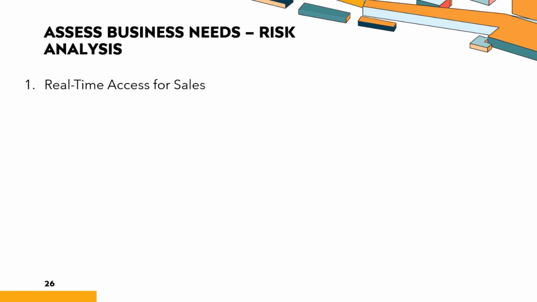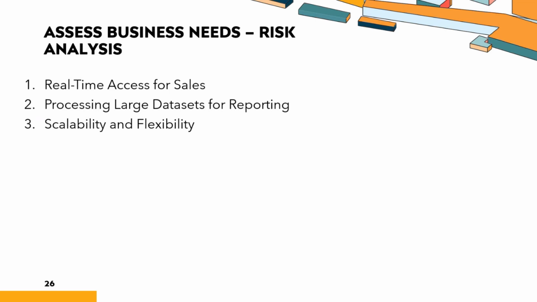They need to be able to process large data sets for reporting. They need to scale. They need to have flexibility. They need to make sure that this is able to be changed at a whim without hurting the business and without affecting the business's performance.